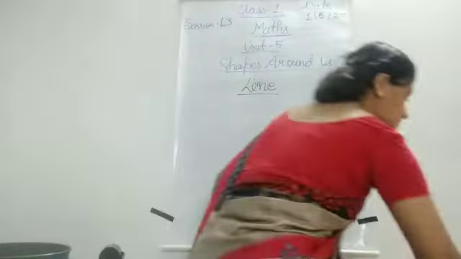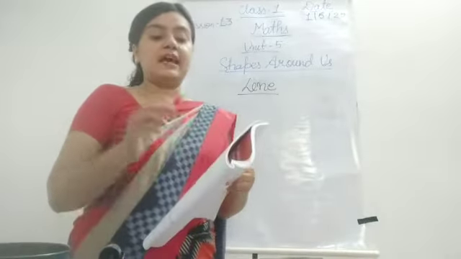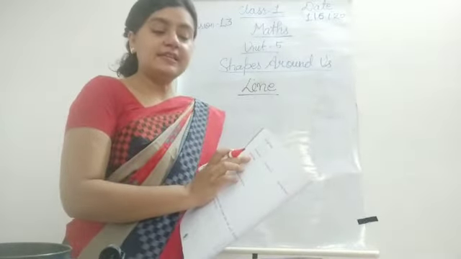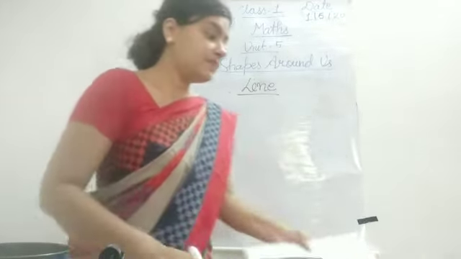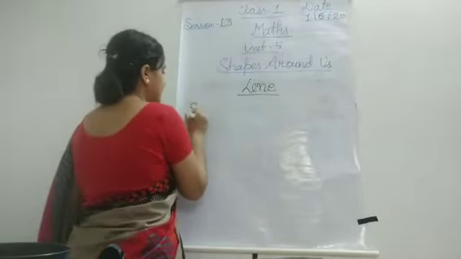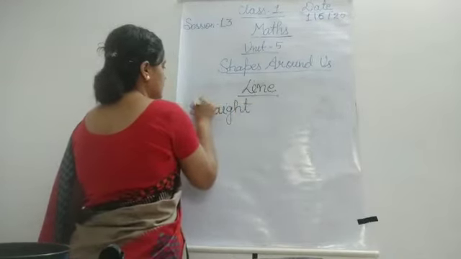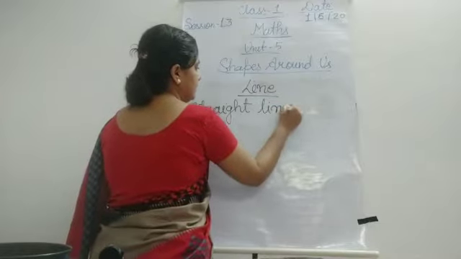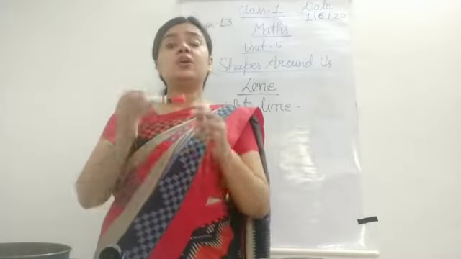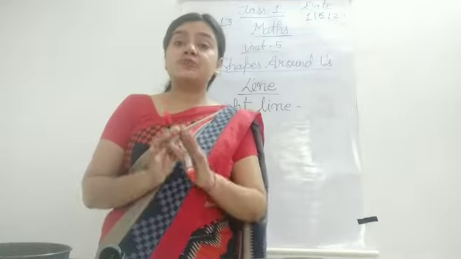Yes, in your book it is also given that line is of 2 types. First is written here, straight lines. Another one is curved line. Straight line means what? Just see here, straight line. Straight line means the lines which are not turned from anywhere are called straight lines.